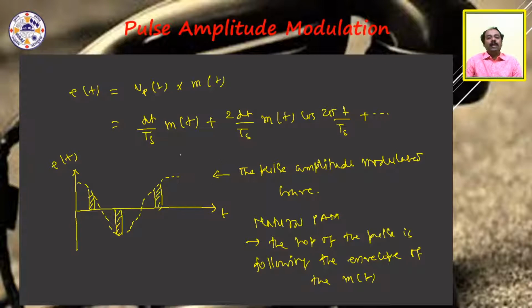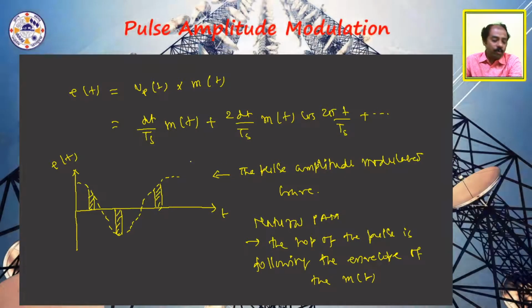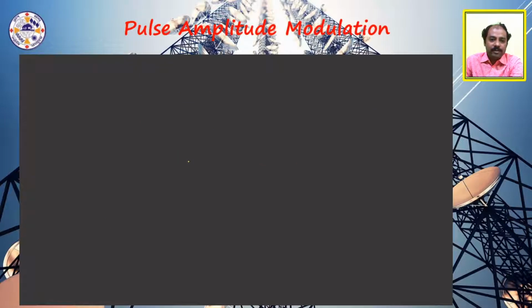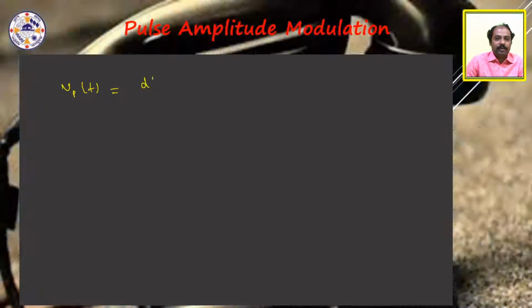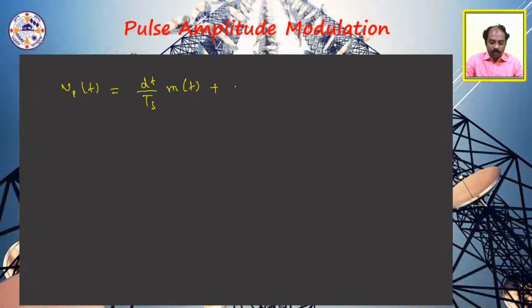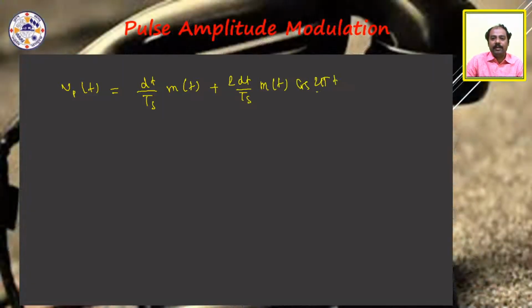Now from the expression of the amplitude modulated wave, I am writing it again: dt by ts into m(t) plus 2 into dt by ts into m(t) into cos 2 pi t by ts plus dot dot.